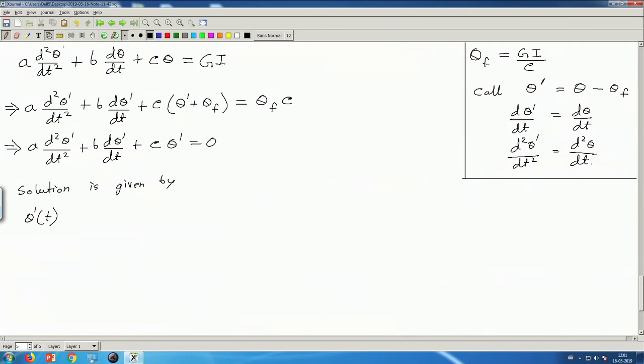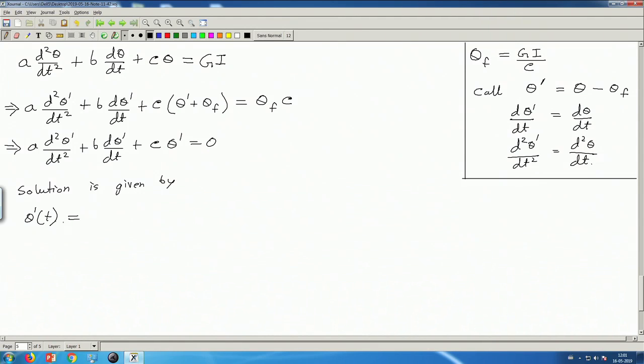Everywhere here I can write theta as a function of t, theta prime also function of t, but I am not doing it for clarity of writing. I do not want to make it clumsy. So, here also this is also function of t. Theta f is constant, final value of theta is a constant.